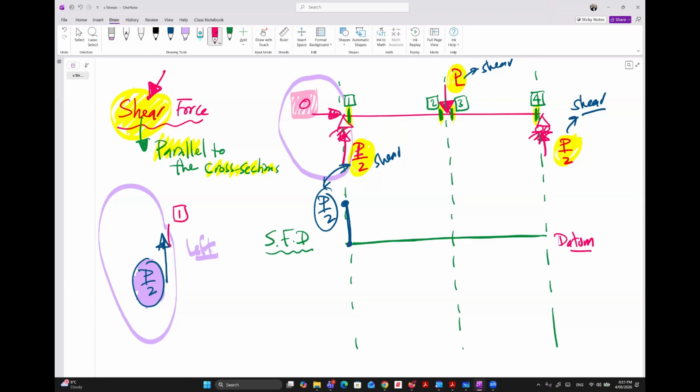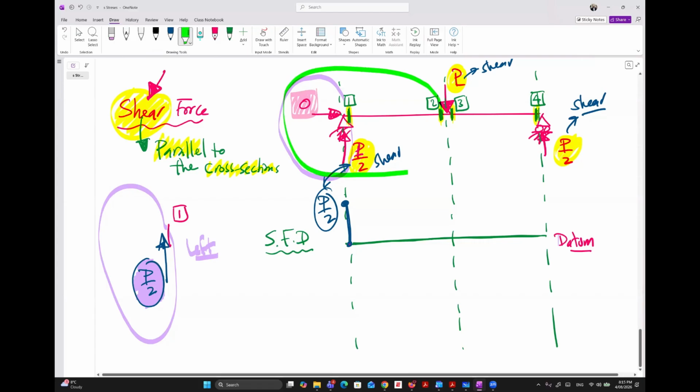Okay, now from 1 to 2, how can we draw the shear from 1 to 2? Do you have any idea? So we go across to 2 and we go downward. Right? No, again we do the same concept. If I make a cut at 2, what is the idea of this cut just before the load? If you look at the left side of the cut, is there any additional force from 1 to 2?